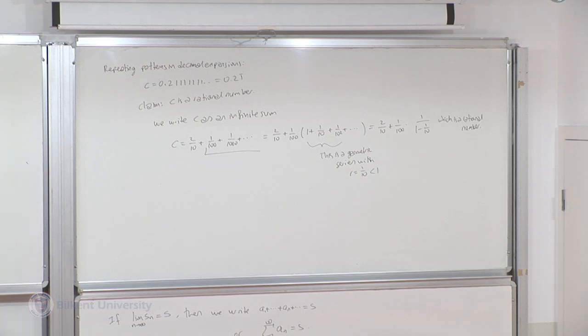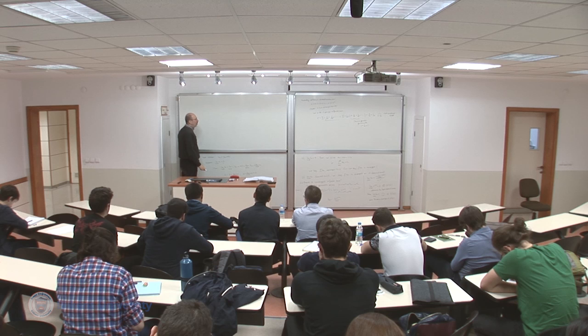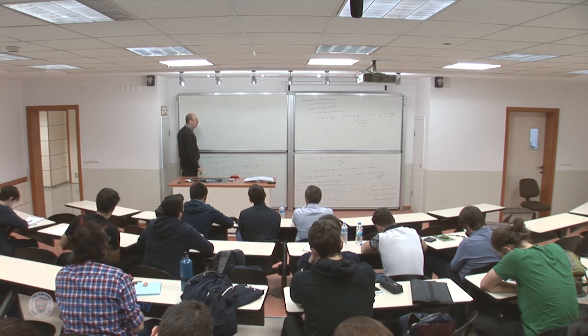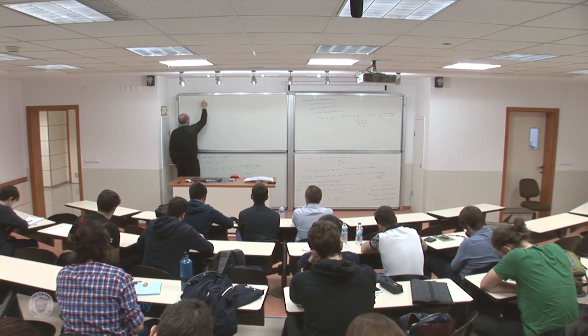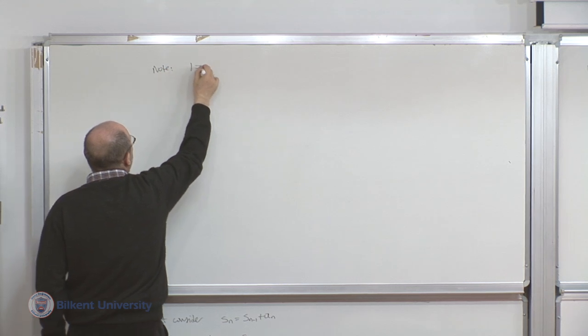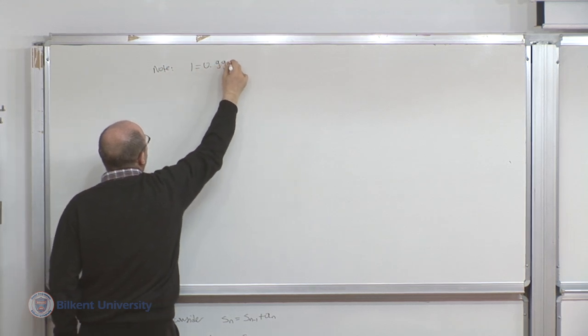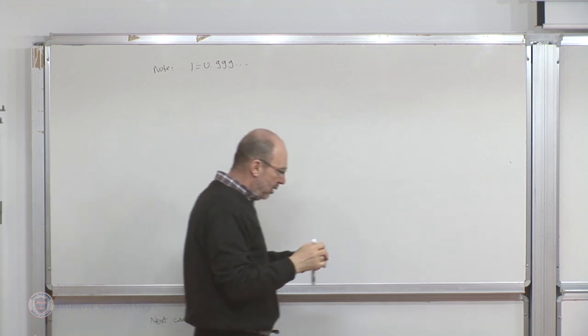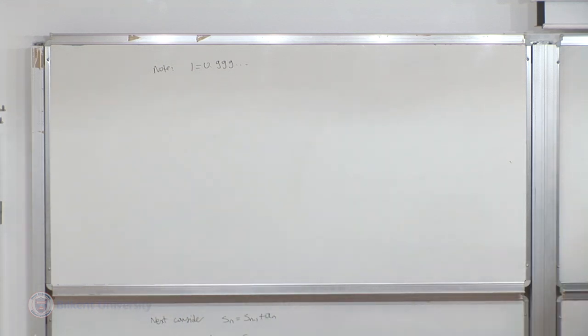We also have the following repeating pattern. If 9 repeats, you have a difficult time trying to explain to your friends who are not in engineering that this is the same. Note, however, 1 is 0.9999. There are several ways of proving that these two things are the same.